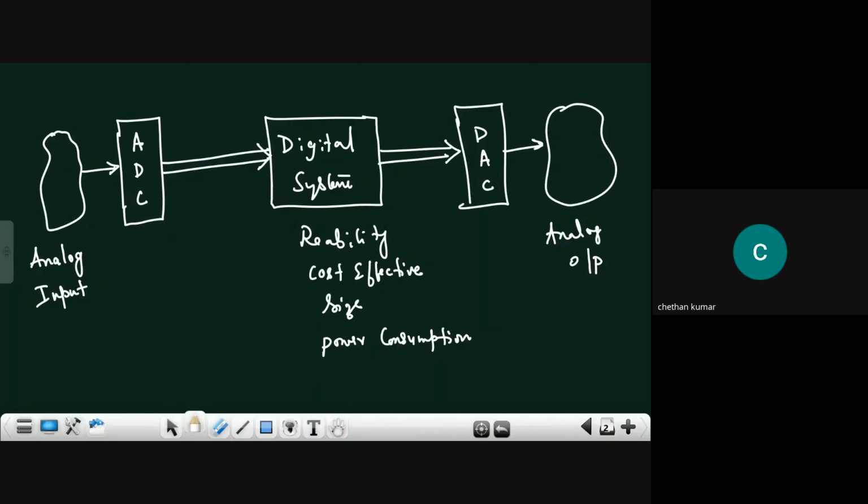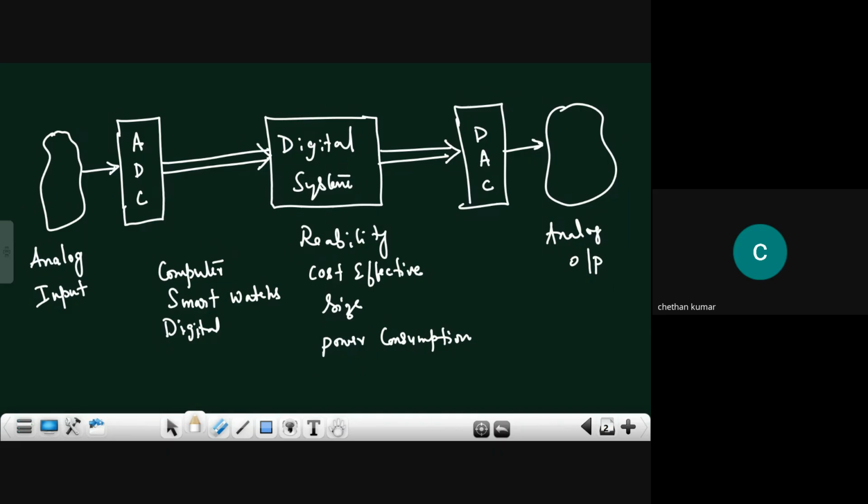What are the digital systems? Can you name some examples of digital systems? Computer, you can call it a digital system. Smart watches, digital measuring units. Suppose you are buying a new bike nowadays: your speedometer.